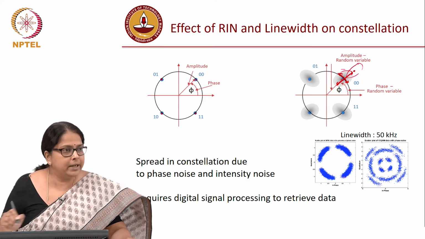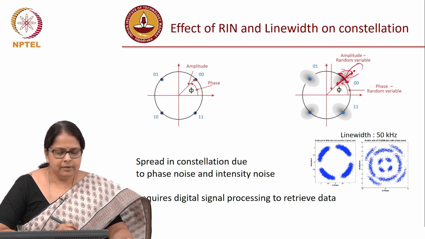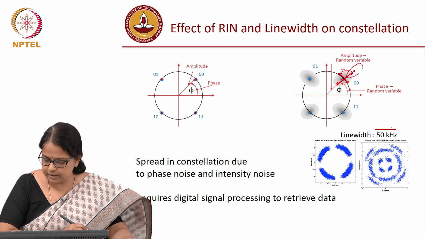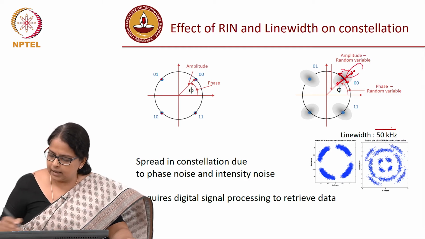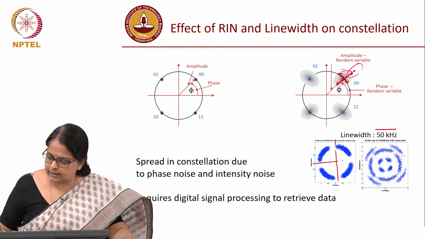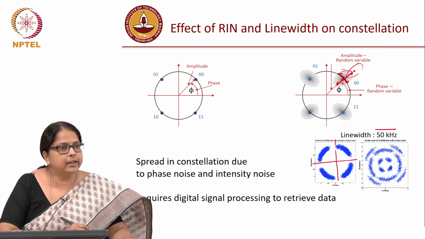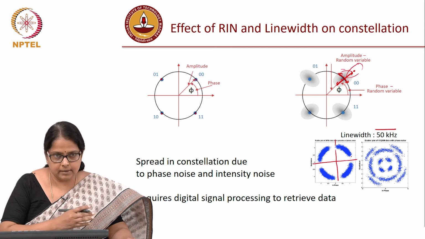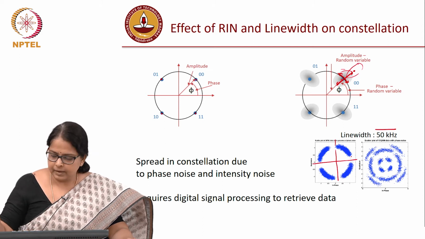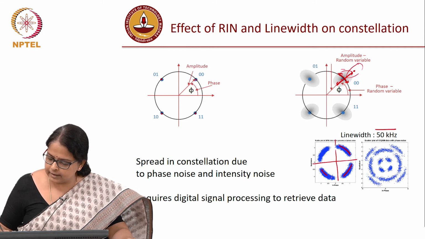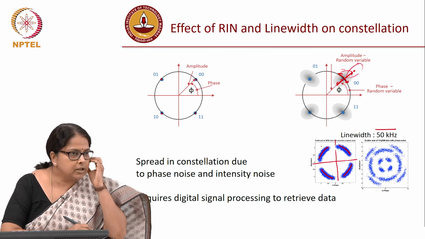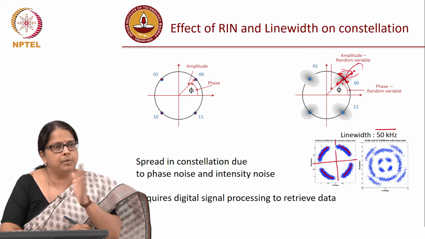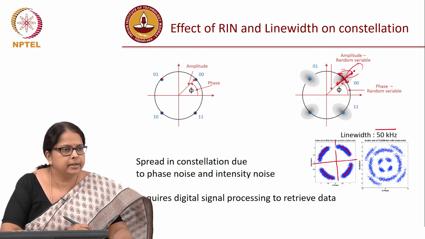This is simulated data. We took 50 kilohertz line width for QPSK modulation, and you see just with 50 kilohertz line width for a 25 gigabaud system, over a certain number of symbols, the phase error variance resulted in the constellation points almost spreading into the neighboring quadrant.